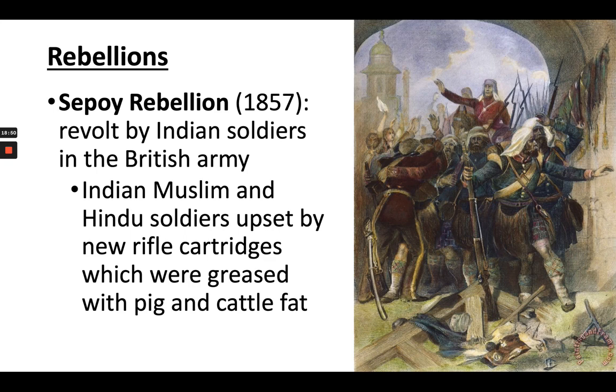So, a couple things about how weapons worked in the 19th century. To fire a gun, you would have a cartridge. So the cartridge would be like waxed, greased paper, and inside would be gunpowder. As you're getting ready to fire your gun, you'd put in the musket ball or whatever.